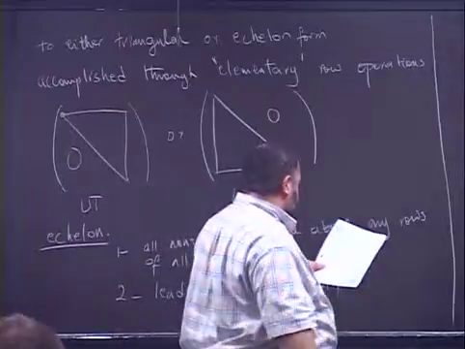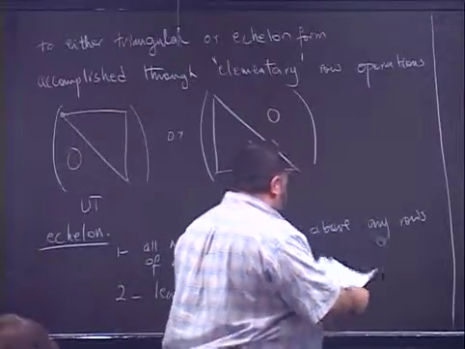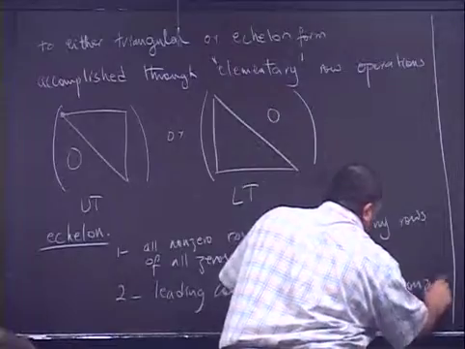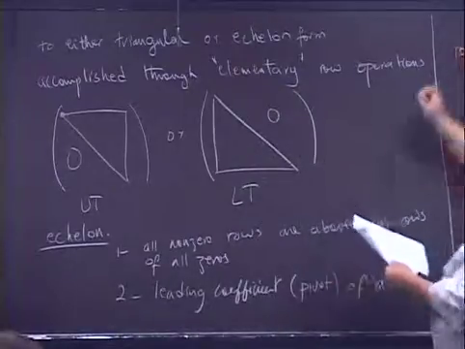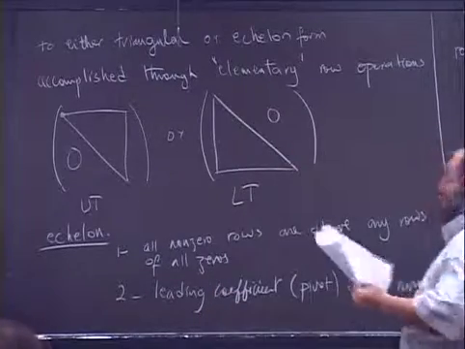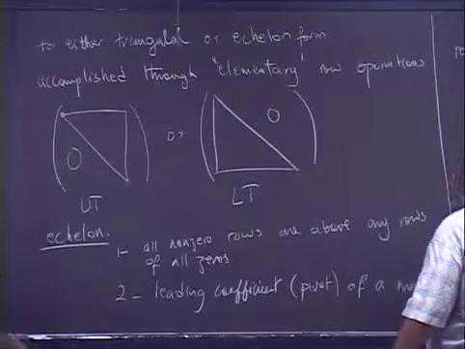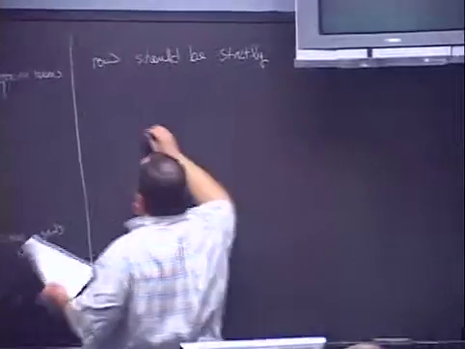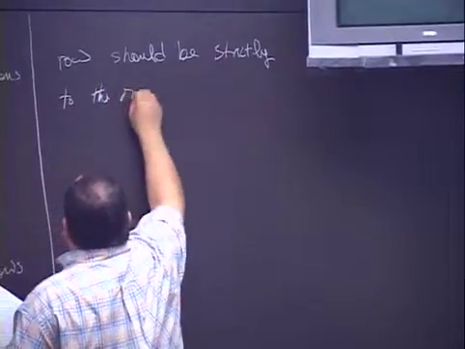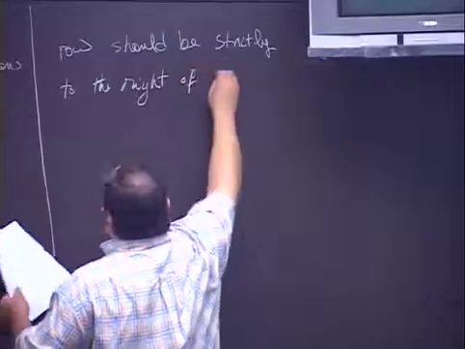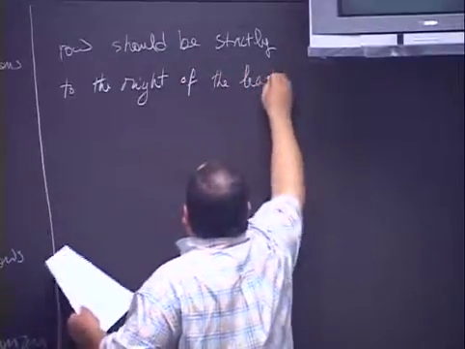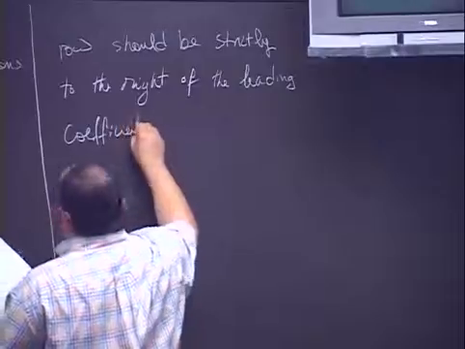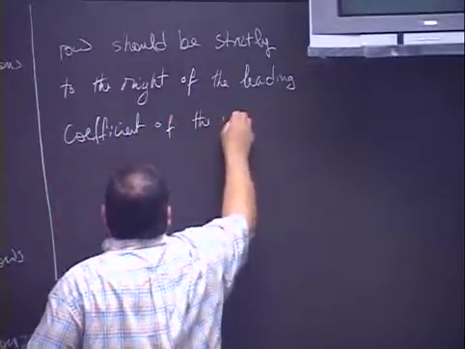So the leading coefficient, or the pivot, of a non-zero row should be strictly to the right of the leading coefficient of the row above it.